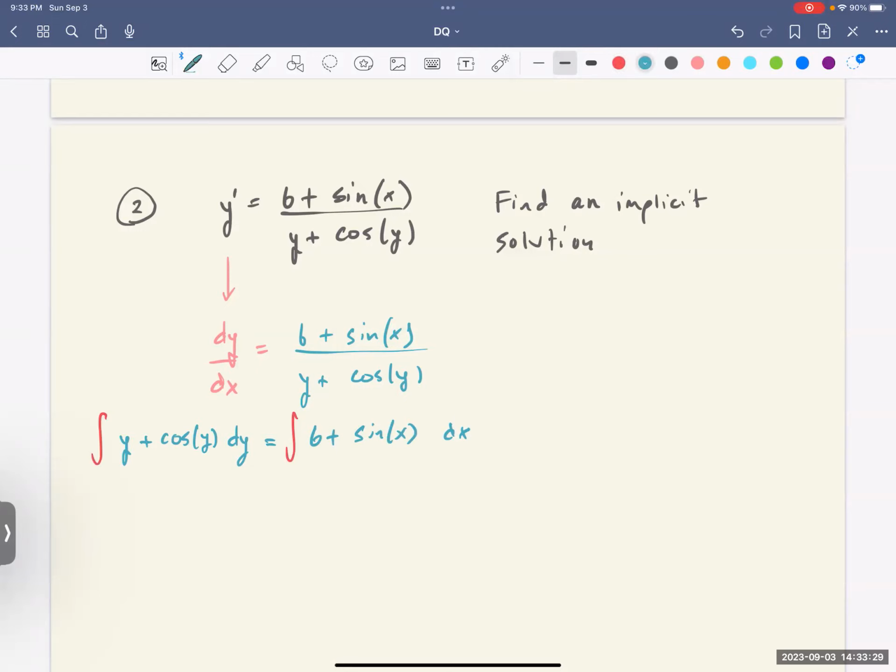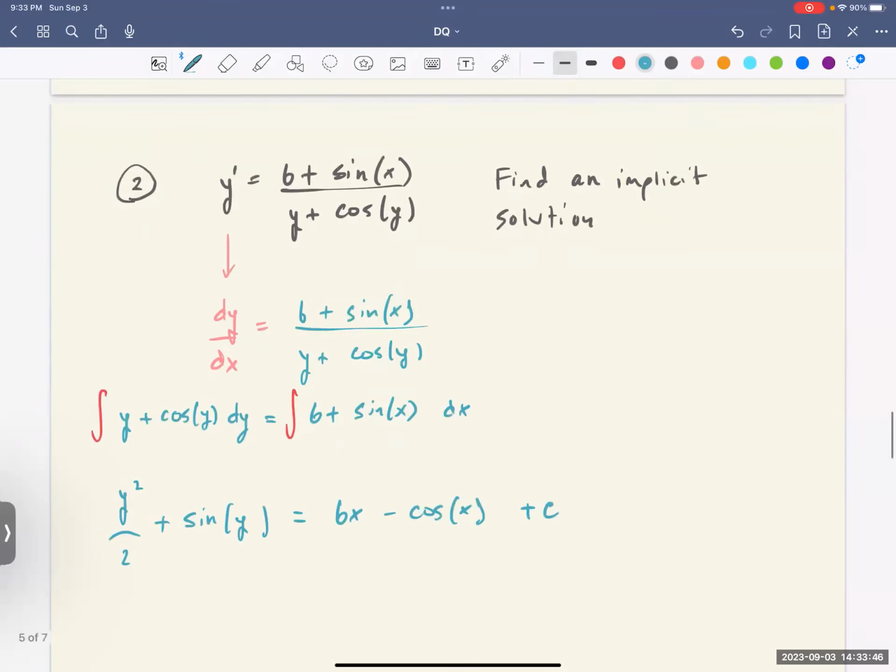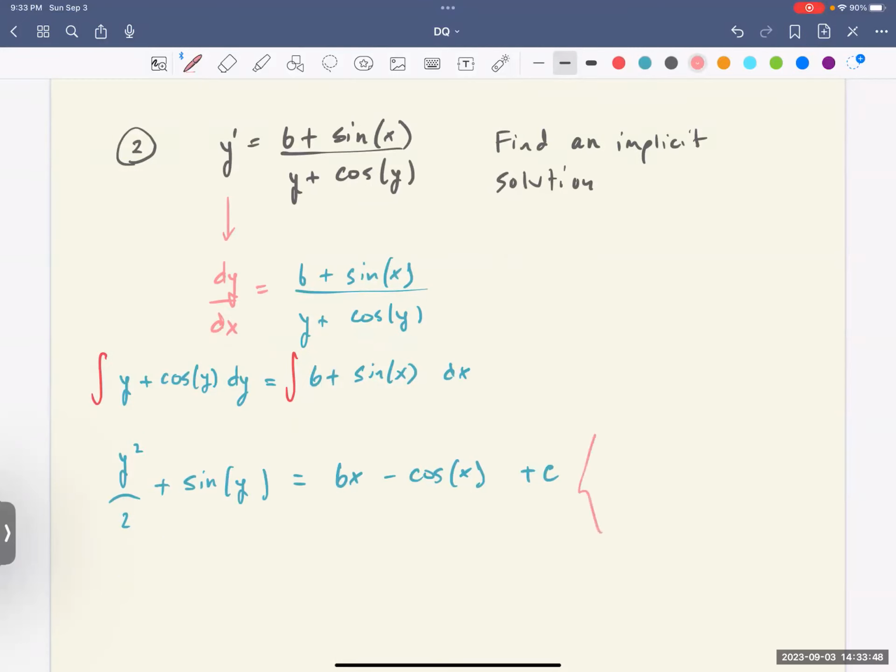And after integrating, that's y squared over 2 plus sine y, that was your daily problem from the other day, equals 6x minus cosine x, and then plus our constant. There's our implicit solution.